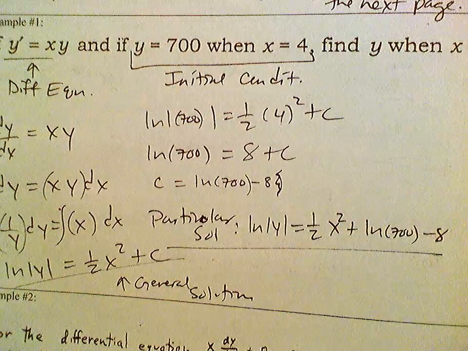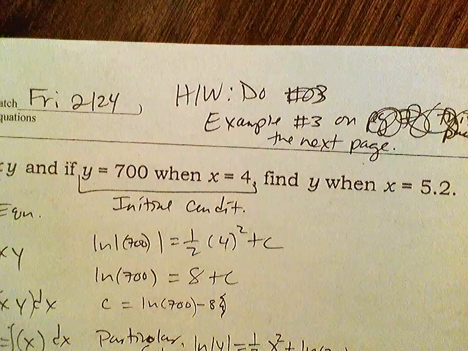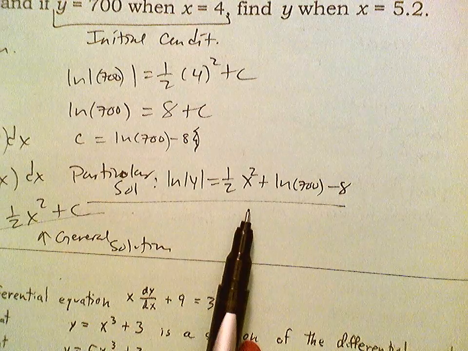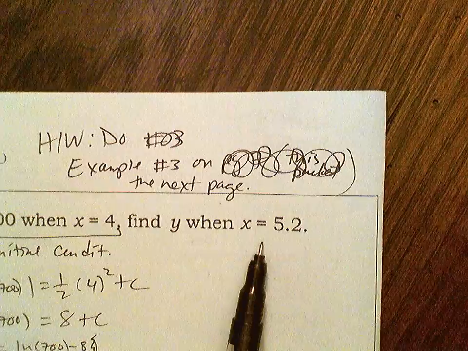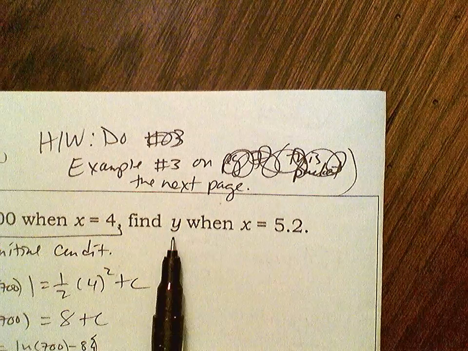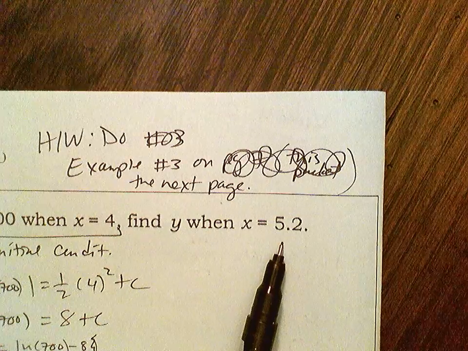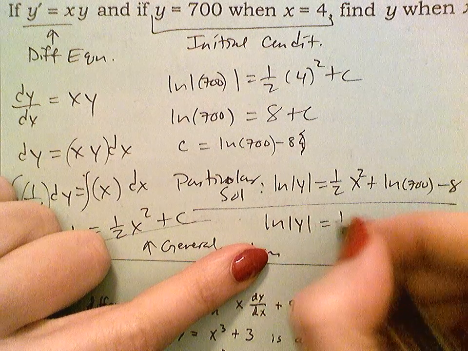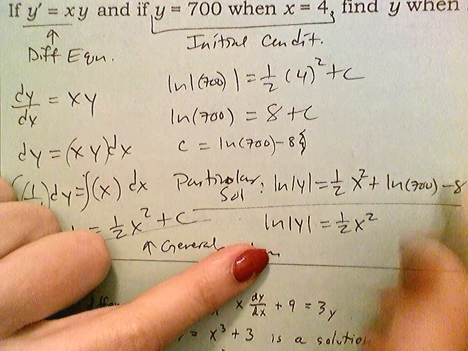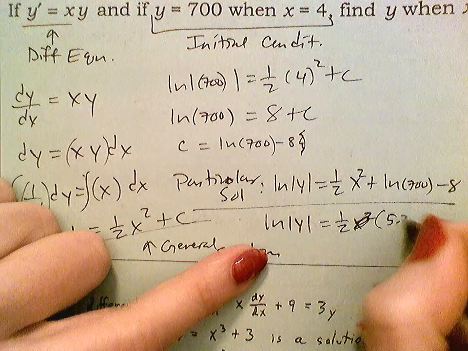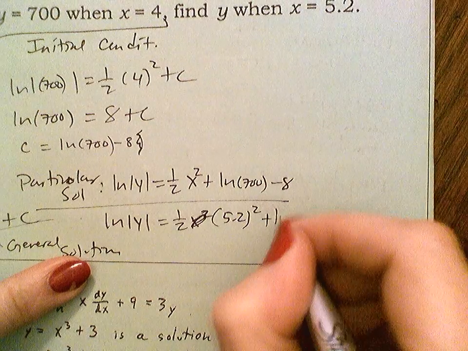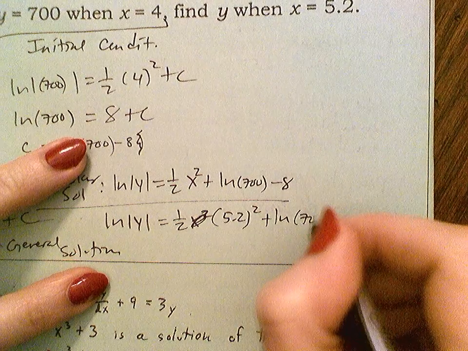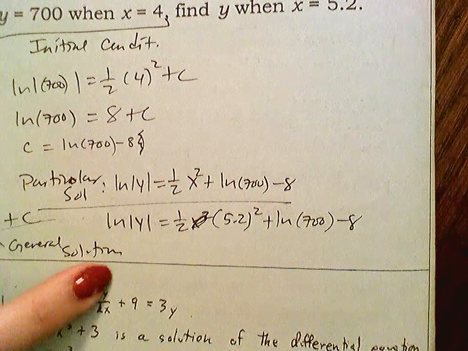Now, for this particular solution, we're going to plug in 5.2 for x and figure out what y is when x is 5.2. So this is the natural log of the absolute value of y equals 1/2 of 5.2 squared plus natural log of 700 minus 8.